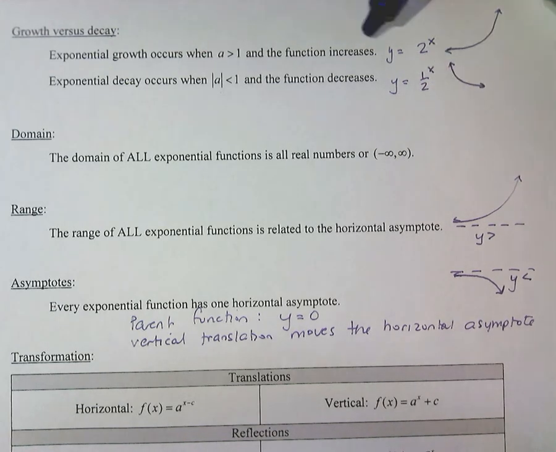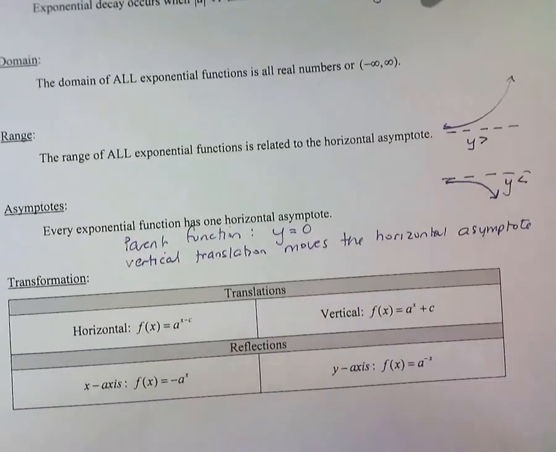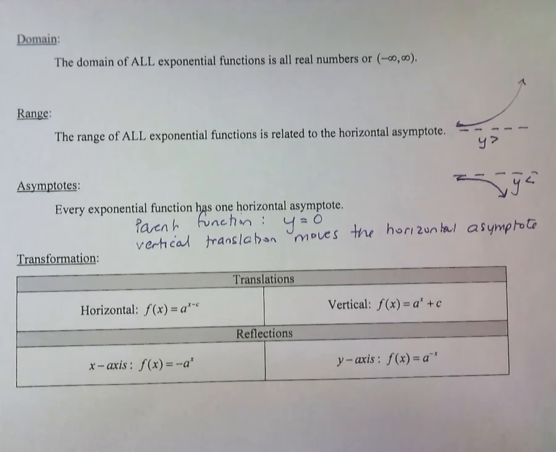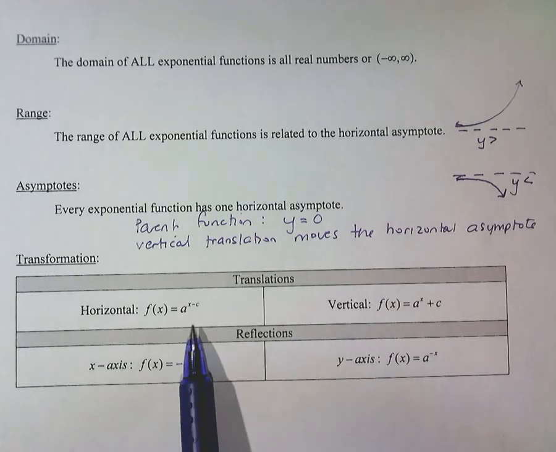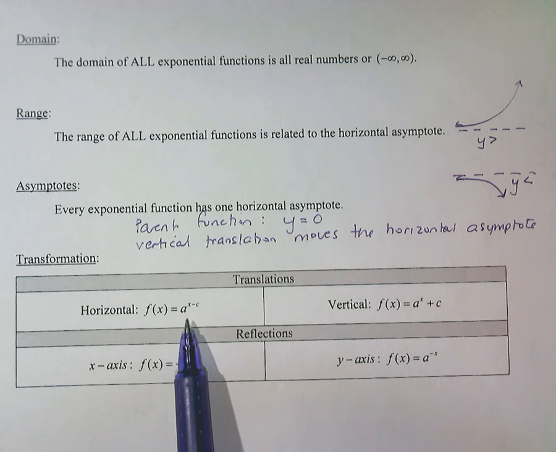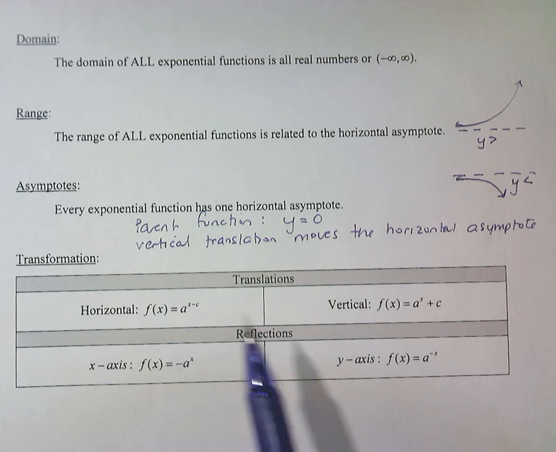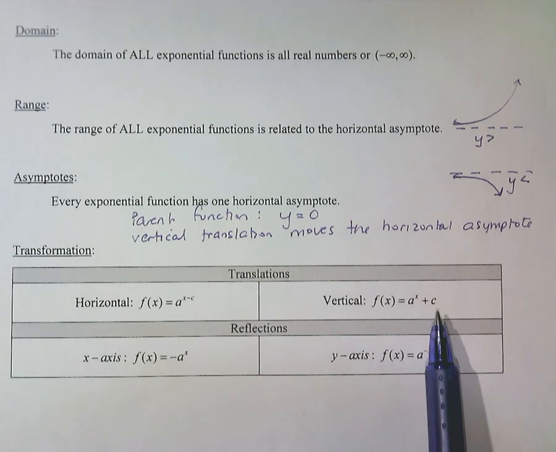So like I said before, everybody does really well on this idea of translations. And here we're only going to do translations and reflections. So we're going to move right or left by this value of c, and that's when the number is with the variable x. Or we're going to move up and down by the variable c.